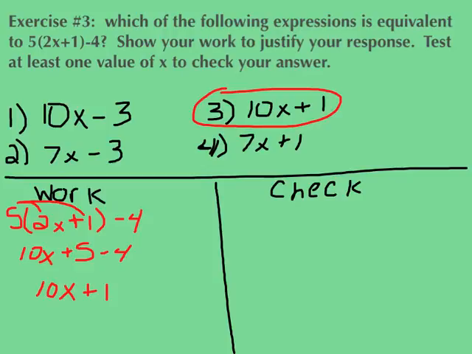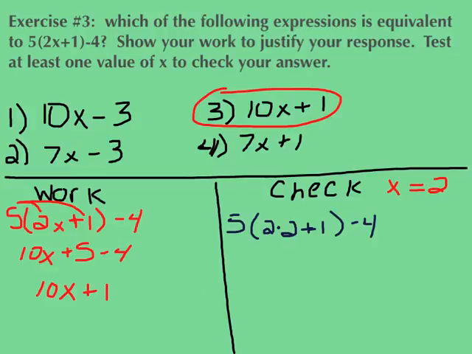Now, we're not done with our work and getting full credit on this problem. It does ask us to check with at least one value. So I'm going to pick the value of 2. x equals 2. If I plug it into the original expression, 5 times 2 times 2 plus 1 minus 4.